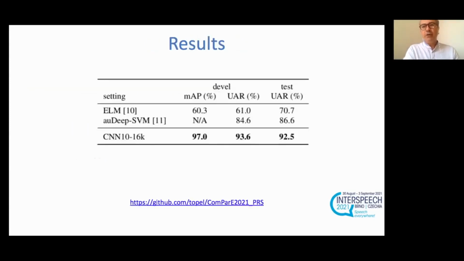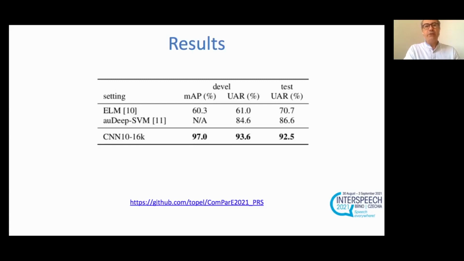Here I'm showing only a partial result, the best results I obtained. So on 2 subsets, the development subset and the test subset, the first 2 lines show the results obtained by the challenge organizers.